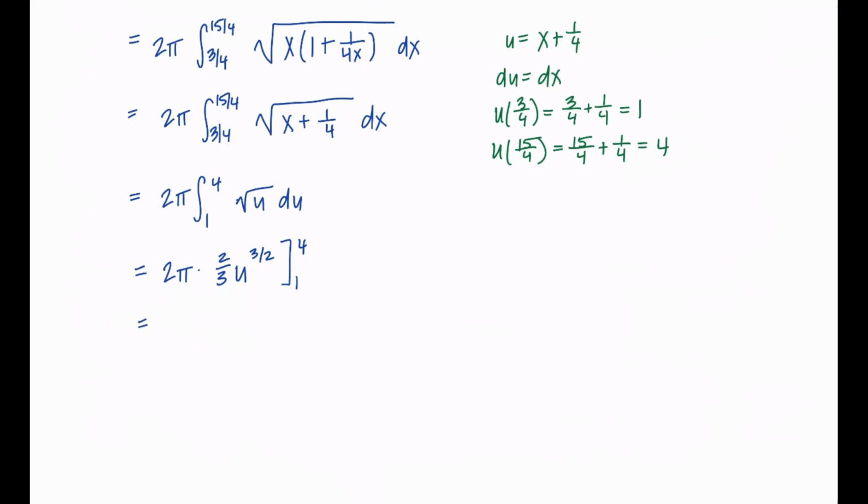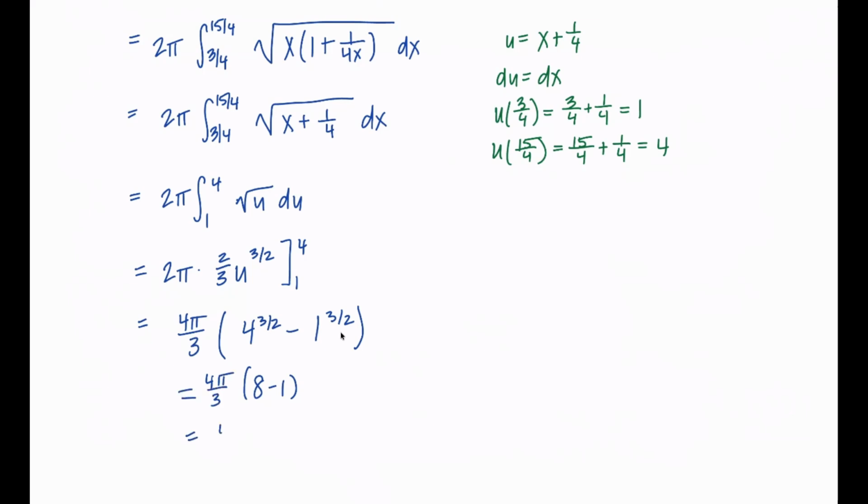And so I'm going to put 4 pi over 3, and then 4 to the 3/2 minus 1 to the 3/2. Then 4 to the 3/2, we take the square root of 4, which is 2. 2 cubed is 8. And then this is just minus 1. So in here I have 8 minus 1 times 4 pi over 3.